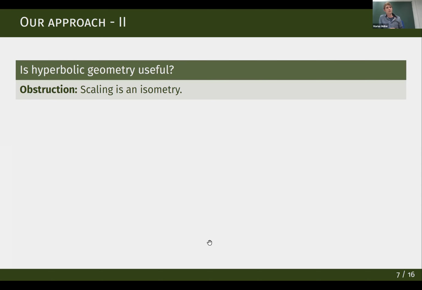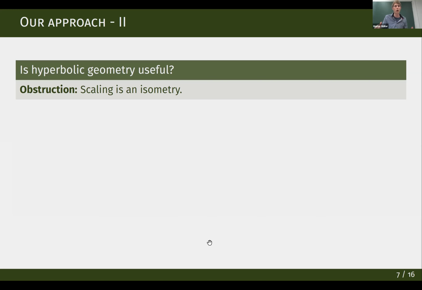There's an obstruction to just looking at the flow in hyperbolic geometry, because scaling in hyperbolic geometry is an isometry. So if you compute any hyperbolic quantity along the flow, everything you can say is only up to scaling.